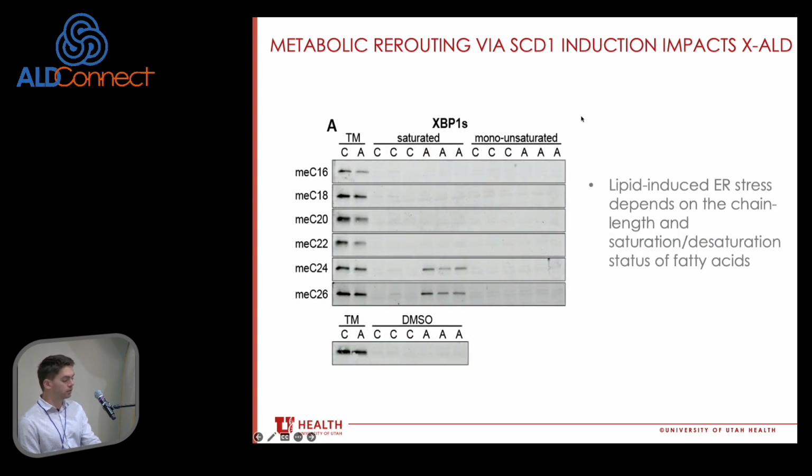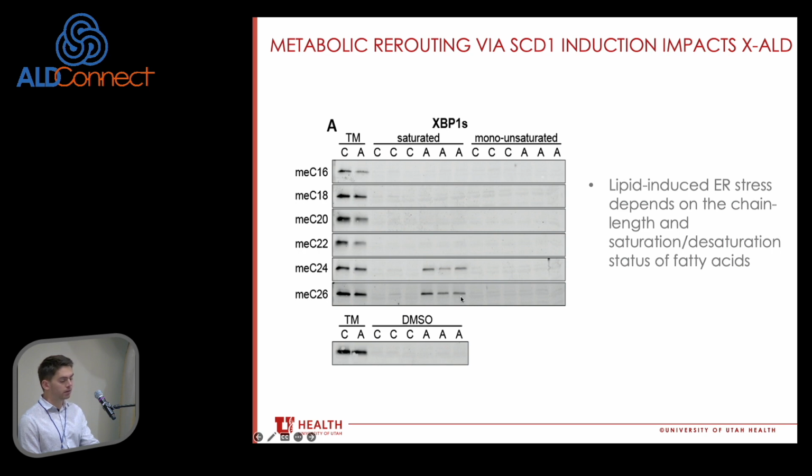And one of the reasons it's very important is this nice experiment that was realized also by the Stefan Kemp group. They also measured the effect of saturated and monounsaturated VLCFA toxicity by looking here at XBP1 by Western blot, which is a marker of ER stress, as also controlled by tunicamycin.